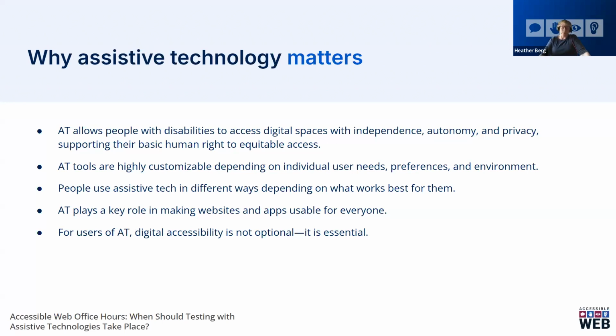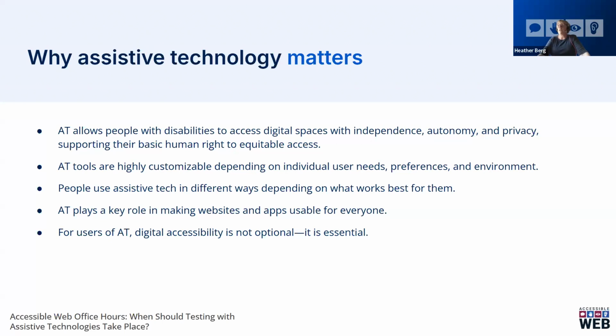And just as a final note in this particular category, it is important to remember that for users of assistive technology, digital accessibility is not optional, it is essential. Because as flexible and robust as that AT is, it's no good without digital accessibility backing it up.